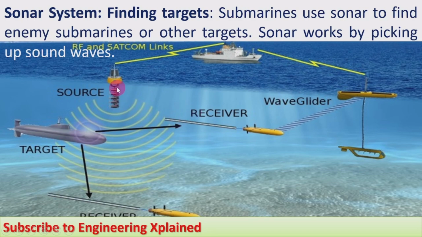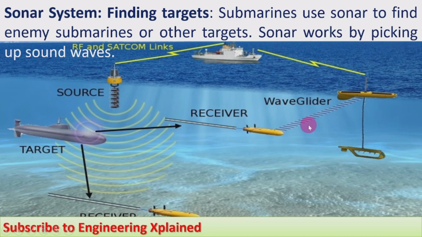Here the sonar system generates waves from the source, and they travel, and whenever they hit an object, the waves are received back, and based on that the object can be detected. Later it is supplied to ships or any other submarines, and thereby it will be detected.